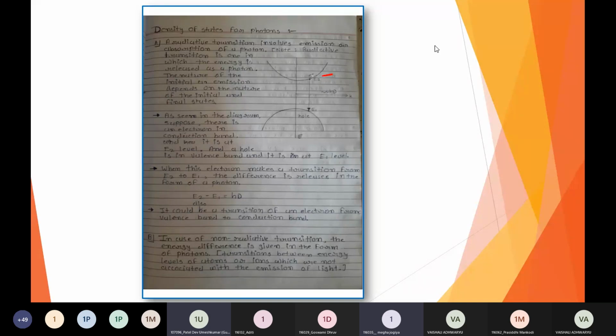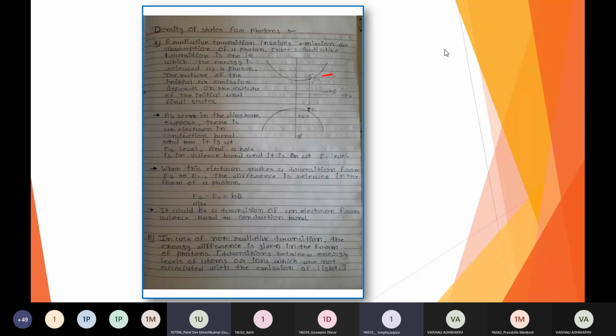And case number 2, in case of non-radiative transition, the energy difference is not given in the form of photon. What is non-radiative transition? Transitions between energy levels of atoms or ions which are not associated with the emission of light. As seen in diagram, suppose that there is an electron in conduction band and a hole in valence band.